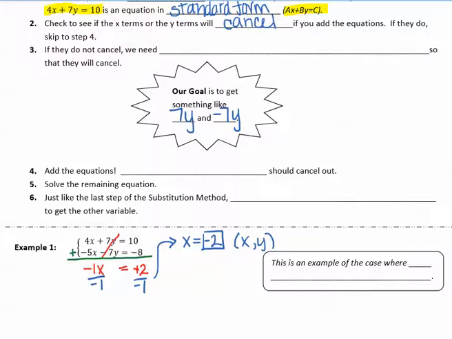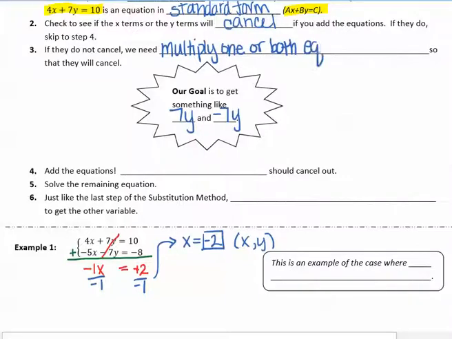So what you're going to need to do is multiply one or both equations by a number, whatever number you need, so that they will cancel. Okay, so we'll come back to this step in the second example, but let's go ahead and do what we just did in example 1.